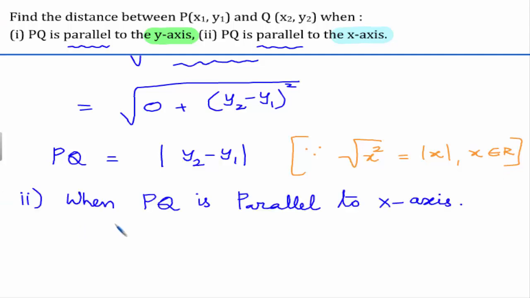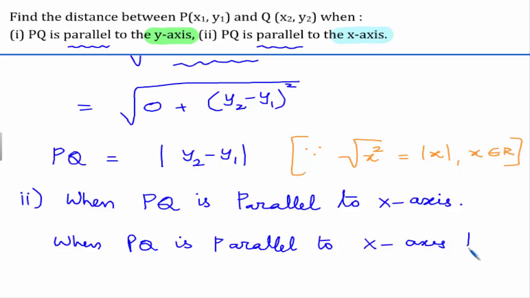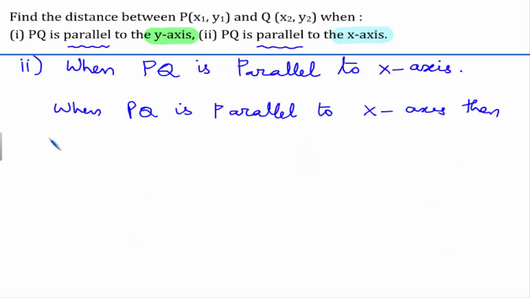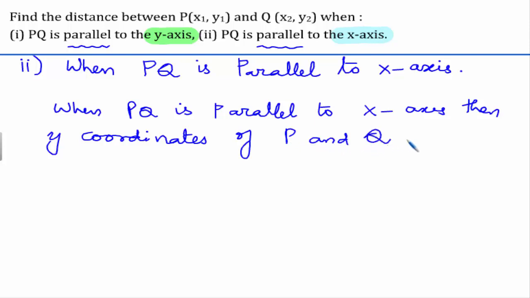Now in the second case, when PQ is parallel to x-axis, then the y coordinates of P and Q are equal. That implies y1 is equal to y2.